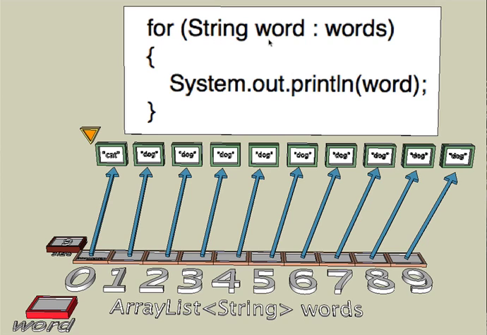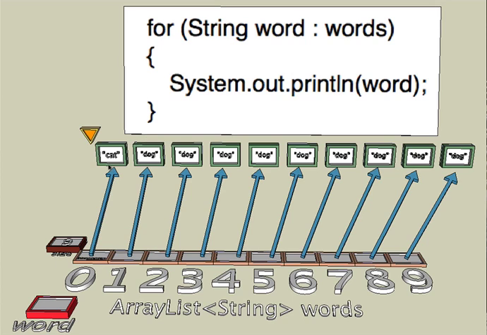So for each element of the collection, the variable that you supply, in this case word, that variable has to be of the type that makes up the collection. So this is a collection of strings. So at any rate, that variable will, for each of the elements in the collection, here's the collection words, one at a time in sequence, reference that element.